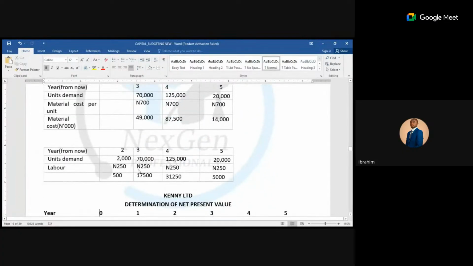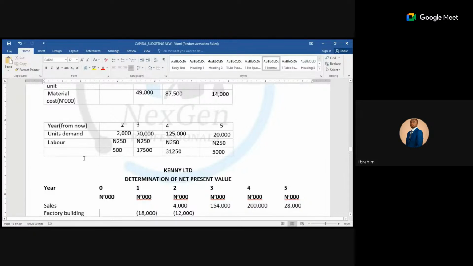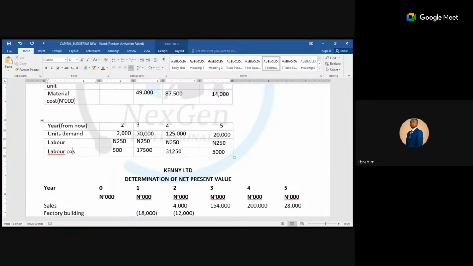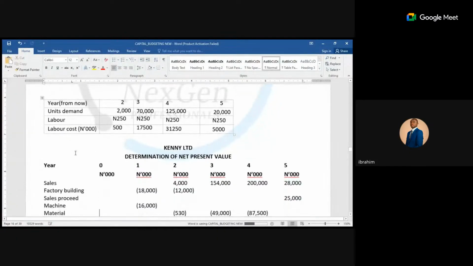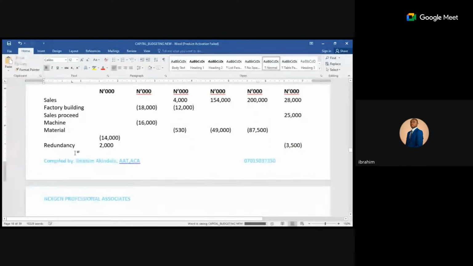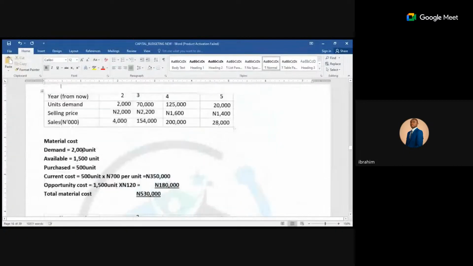Okay, I think we've started it already. Labor costs. Okay, so don't forget that in this question, they gave us from year 2.